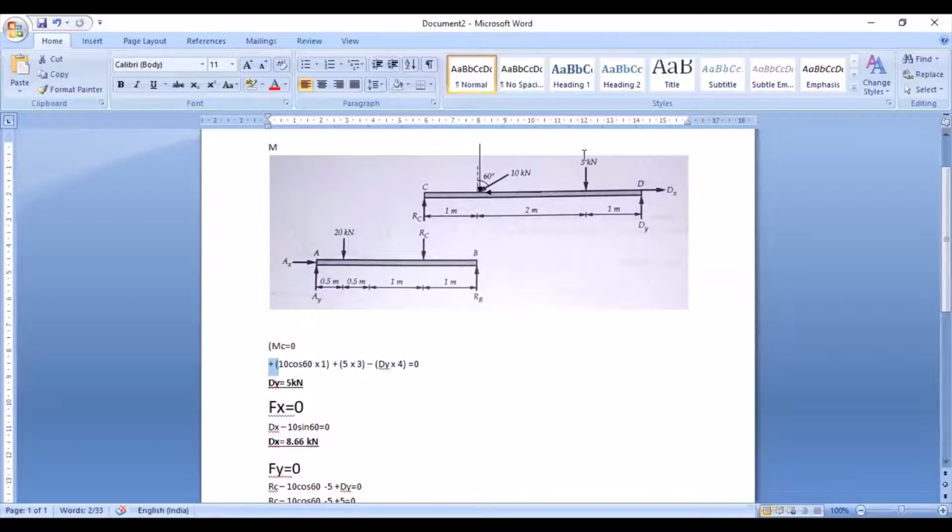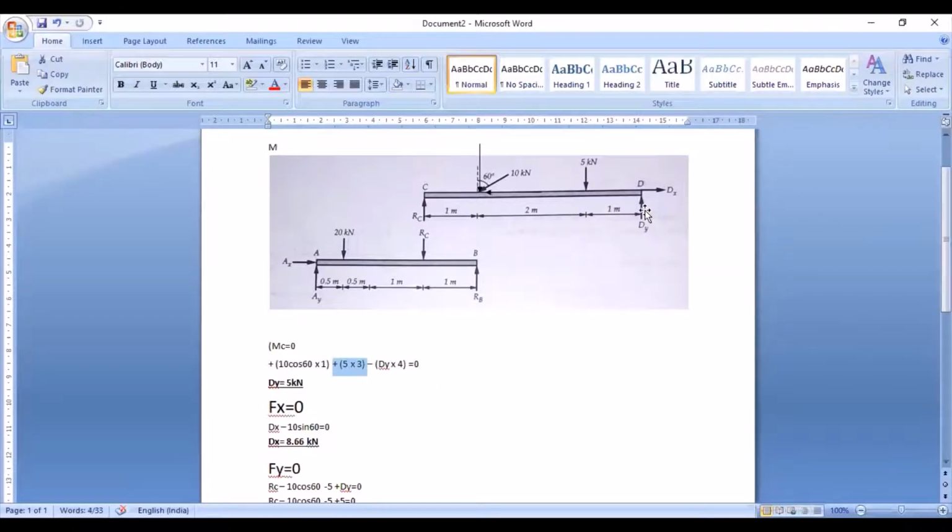Next, you have a 5 kilonewton force, which is again a vertical force. Hence, the distance to be multiplied will again be horizontal, that is 3 meters. So it is 5 into 3, causing a clockwise movement, hence it is with positive sign. So it is plus 5 into 3.